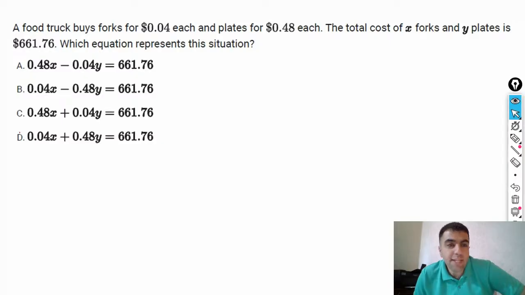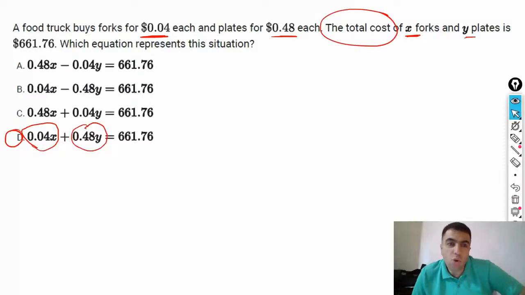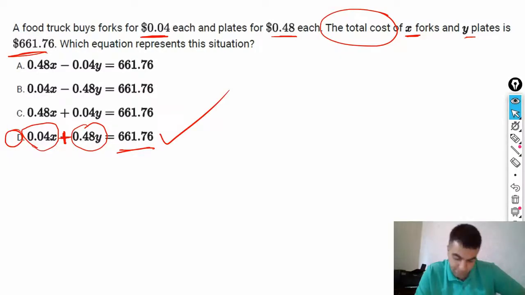This should be D. We should multiply 0.04 by the x right here and 0.48 by the y, because these plates we see here, and the total cost, so we should sum these two values. That is the D variant.